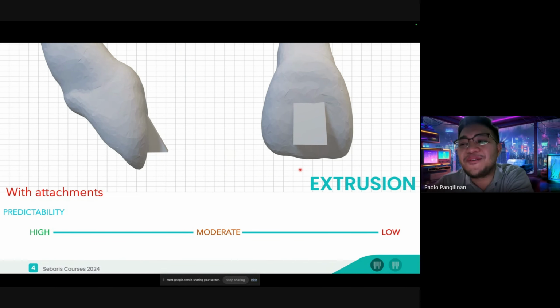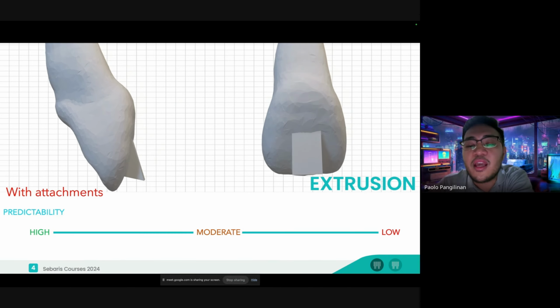Now, here's the workaround. Sometimes performing absolute extrusion is really not that predictable. But if you combine it with another predictable movement, which is lingual tipping, then because of the moment, once the aligner acts here, it performs some extrusion and also some tipping.